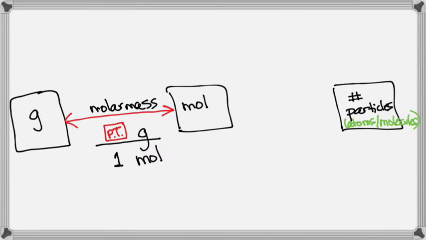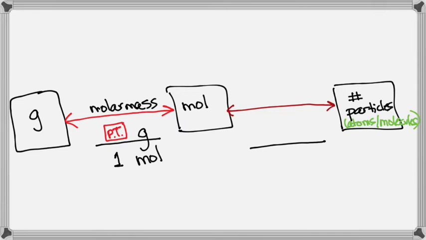Then we have, you can do conversions between moles and number of particles. And this is going to involve Avogadro's number. Now this setup, I'm just taking the equality statement we saw earlier, the 1 mole equals Avogadro's number of particles.